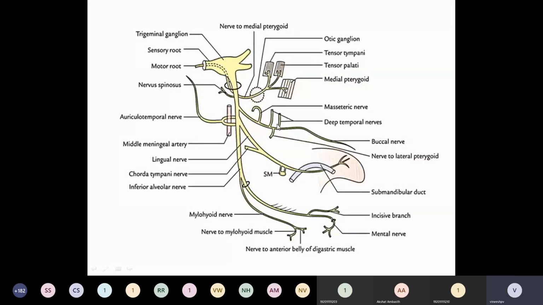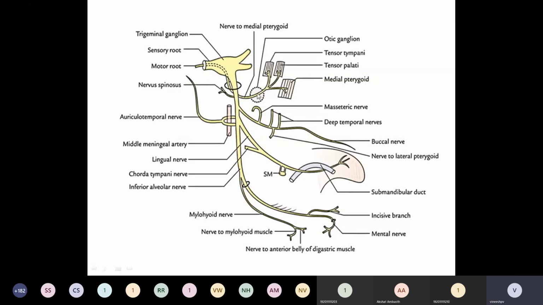It supplies all the muscles of mastication: the masseteric nerve supplies the masseter muscle, two deep temporal nerves supply the temporalis muscle, and one goes to the lateral pterygoid. These are all motor branches. From the anterior division there is only one sensory nerve, the buccal nerve. This is an MCQ question: the only sensory nerve from the anterior division is the buccal nerve.